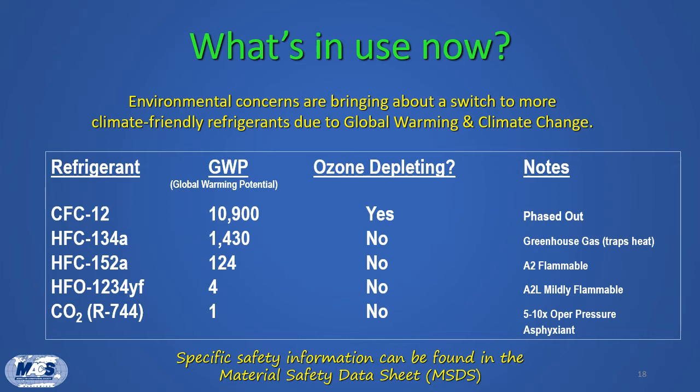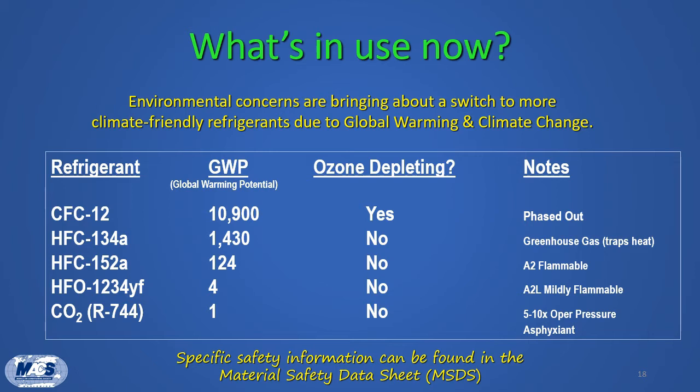So we'll start at the top and look at R12. Although CFC-12 has been phased out and is no longer being manufactured, it's still widely used in many classic vehicles. Not only does this refrigerant destroy the ozone layer, it also has a high GWP, or global warming potential.